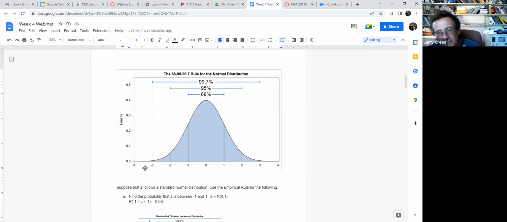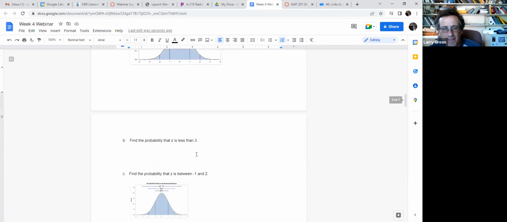There's a few ways of doing it. One way is to say the area to the left of 3 is the same as the area between -3 and 3, but then add in the area to the left of -3. Any questions on that?